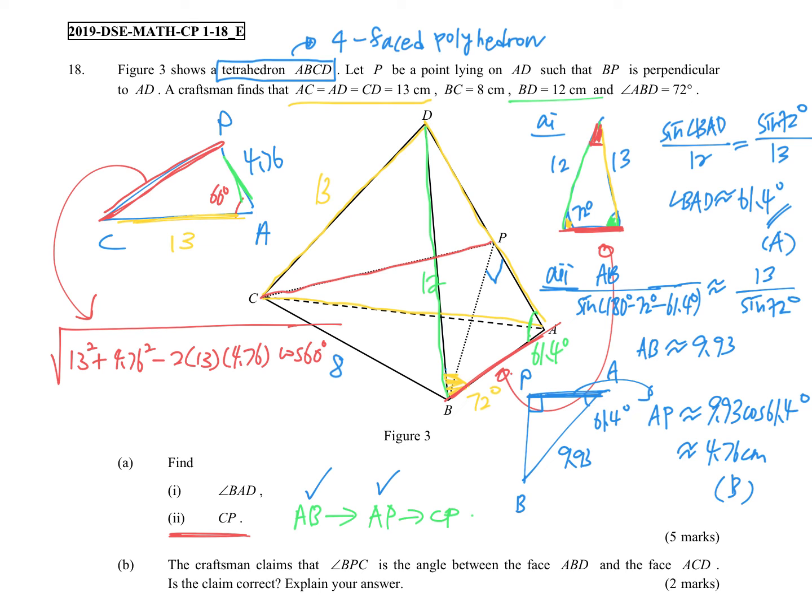So that will be 11.4 cm. This one I will probably save to C then. Okay, so that will be part A2.